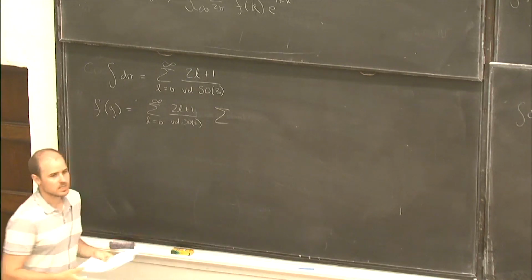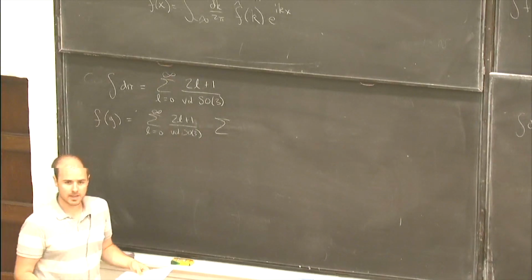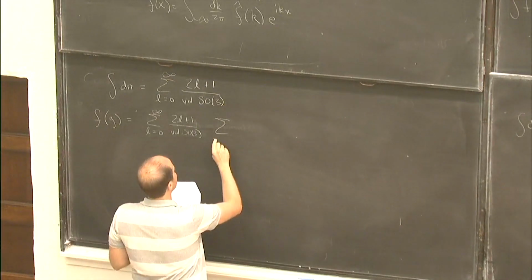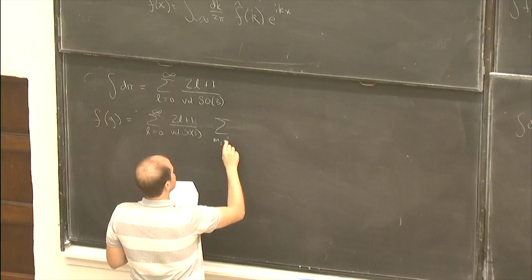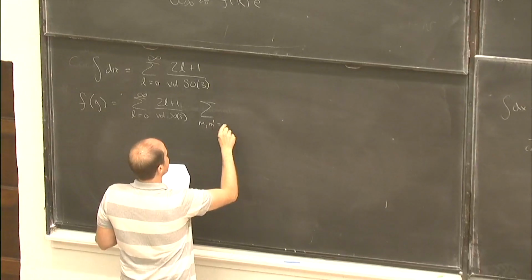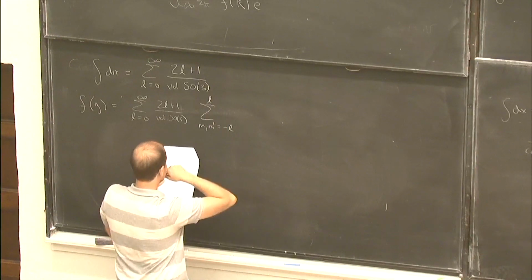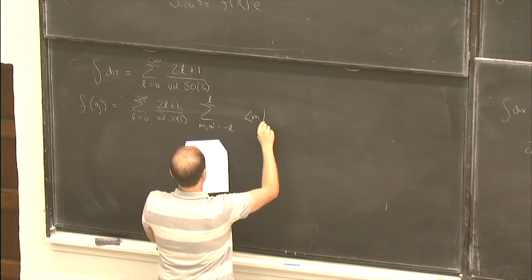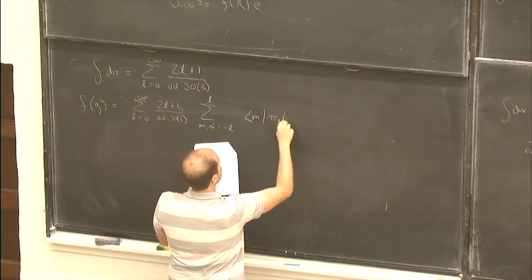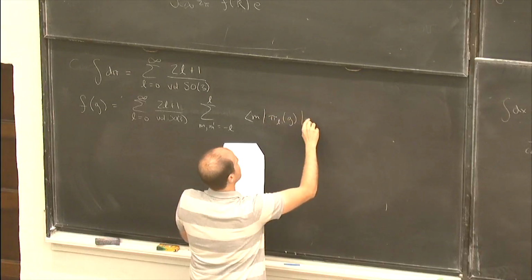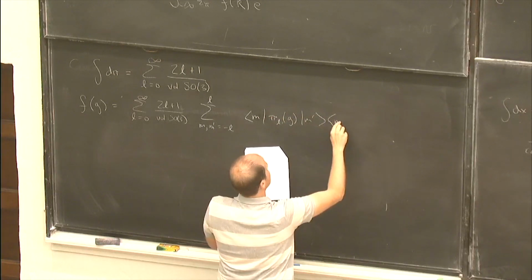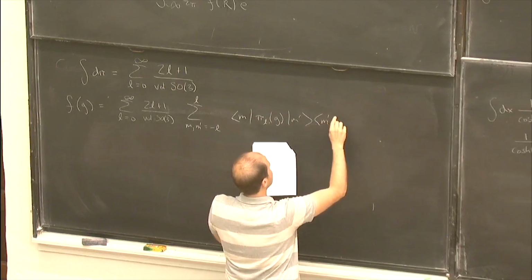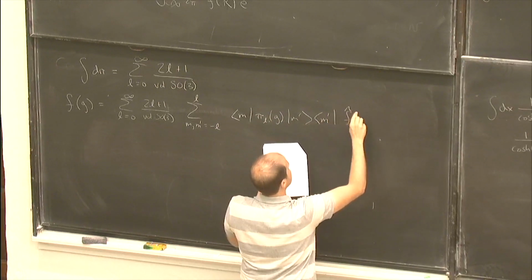Now, we know a basis for the spin-L representations. They're labeled by little m that runs from minus L to L. So for A and B, we're instead going to write them as m and m prime. They run from minus L to L. And then we have a matrix element in the spin-L representation times a Fourier coefficient.